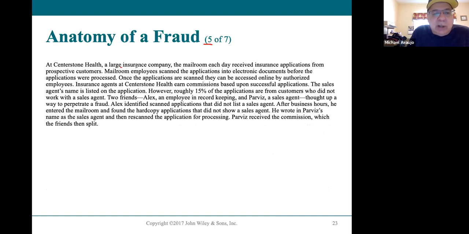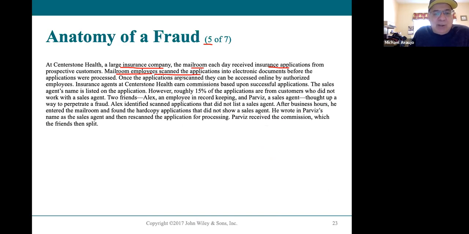So this is a large insurance company called Centerstone Health, okay? The mail room received the insurance applications from prospective customers. The mail room employees then scanned those applications before they were processed.